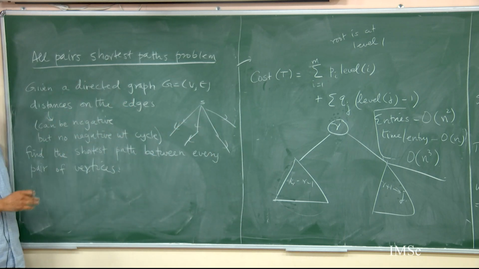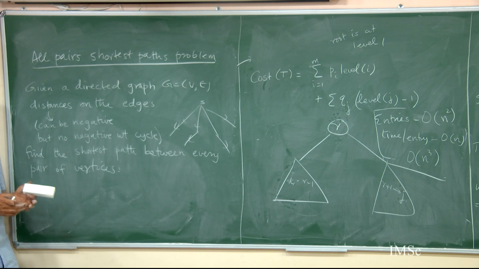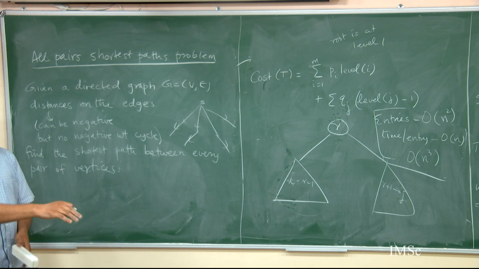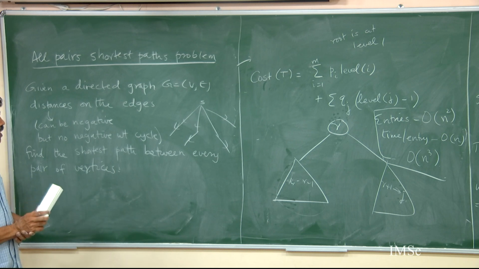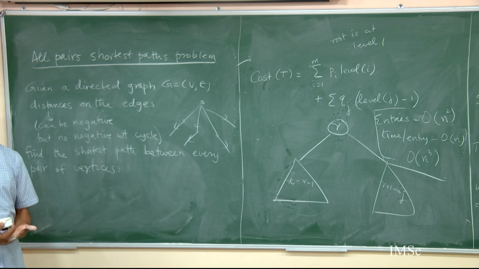And can I apply that to do this all pair shortest path? These algorithms, Bellman-Ford or Dijkstra, will be able to find the lengths of shortest paths from a fixed source to everybody else. Now, I want to find the shortest path between every pair of vertices.